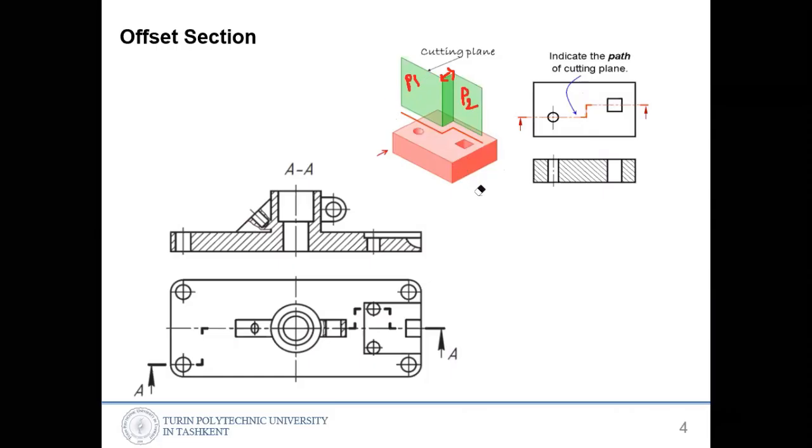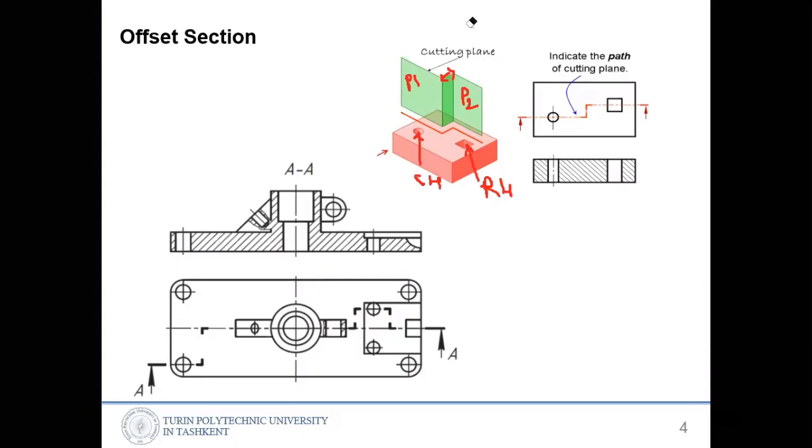Here the purple part is given, and the purple part has features. There is a cylindric hole, and this is a rectangular prismatic hole.